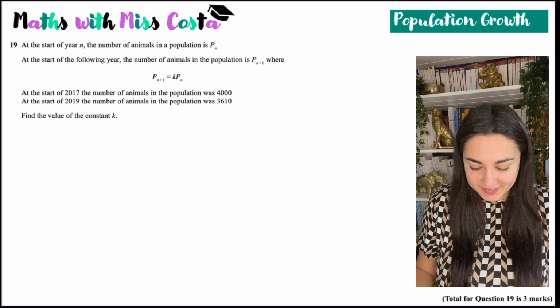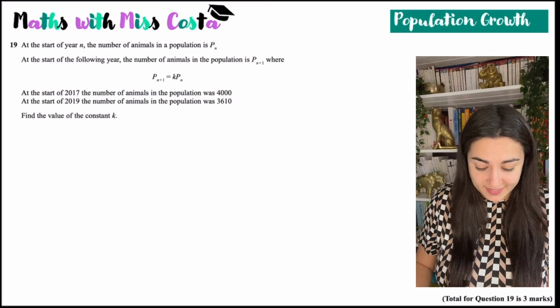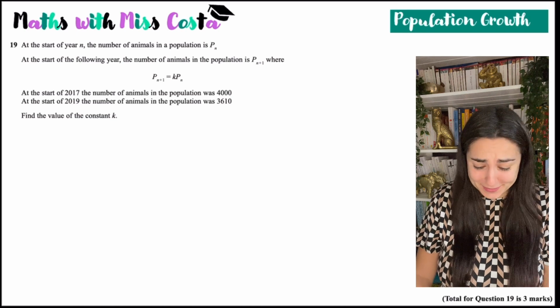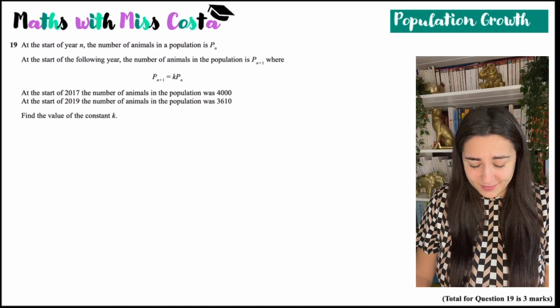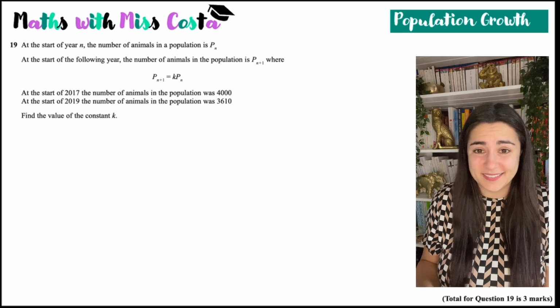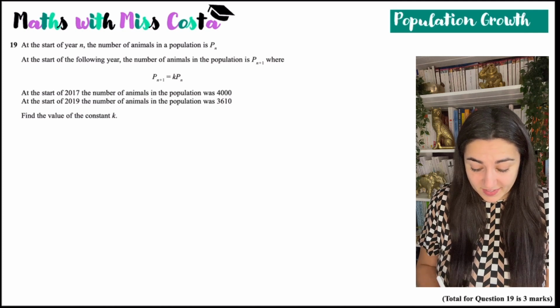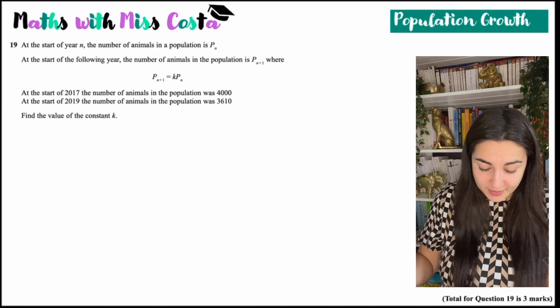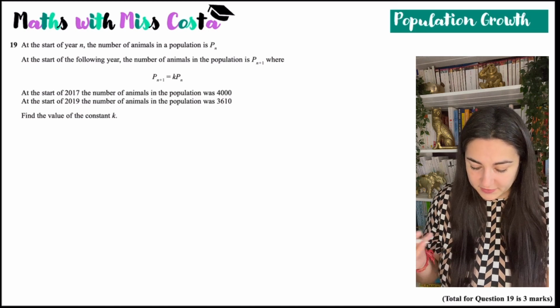Okay, so in this question, we are dealing with population growth. Well, in this case, population decline. Oh, that's really sad. At the start of the year, the number of animals in a population is Pn. Oh no. Well, I mean, it's kind of what happens. That's actually made me sad. Okay, anyway, so at the start of the following year, the number of animals in the population is Pn+1.